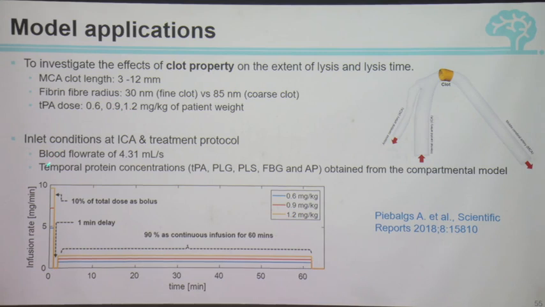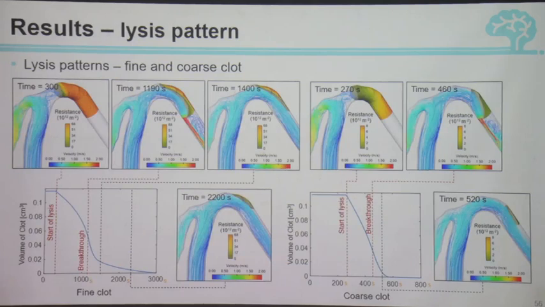The blood flow is modeled with a given flow rate, and the protein concentrations included all of these, obtained from the PK/PD compartmental models, and these fed into this model. So this is the injection protocol, right? Let's see what the results look like.